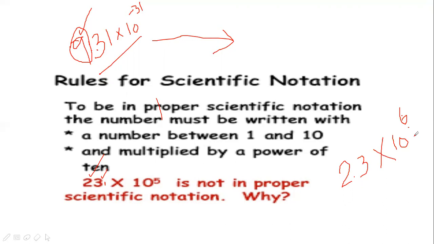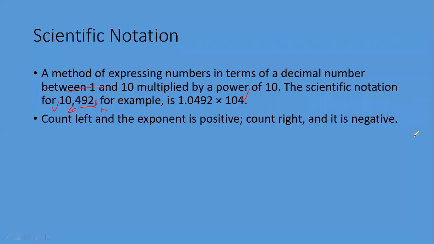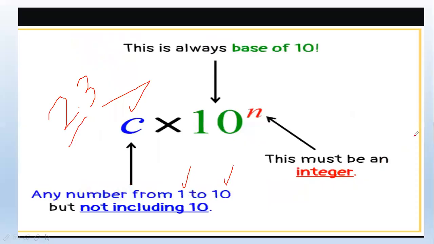So scientific notation is the representation of a number in standard form. Then you study this: C cross 10 raised to power n. This is the way you have to write.